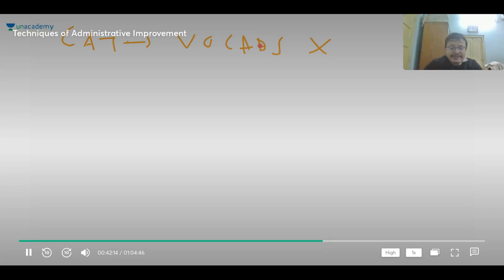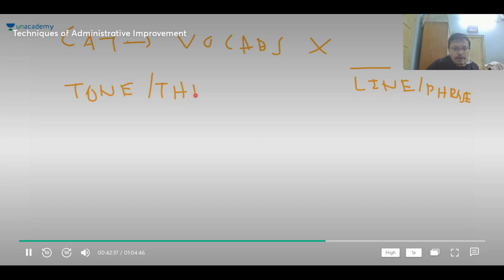Because usually it is more of a paragraph-driven thing and a particular line or phrase-driven thing. And none of the options are usually one word, except for things like tone, theme, and so on. Except for those, most of the options or the questions are not one word, which is very difficult to understand.